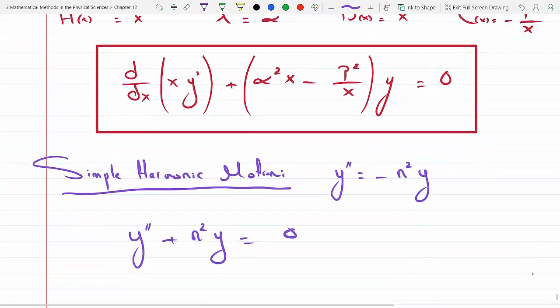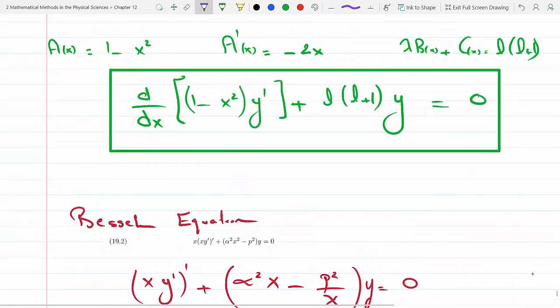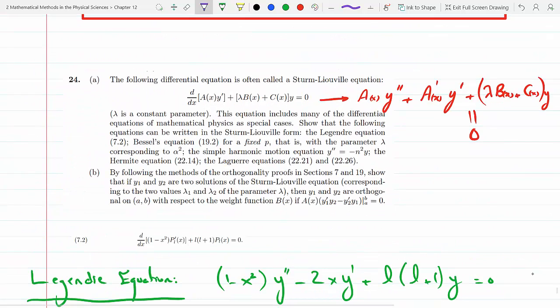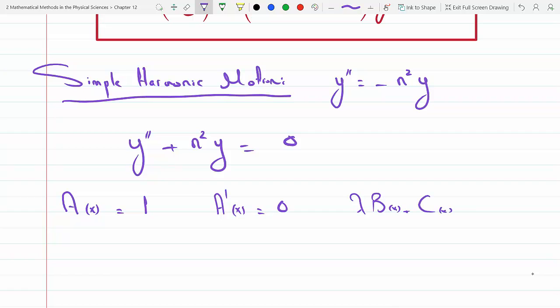My a(x) would be 1, and there is no coefficient of y prime, which makes a prime 0. The coefficient for y is just n squared, so lambda b(x) plus c(x) equals n squared.